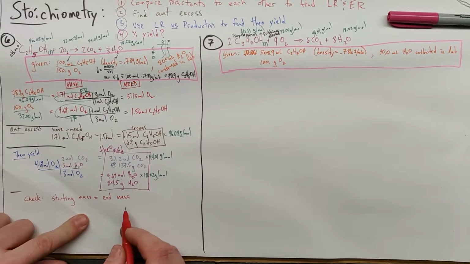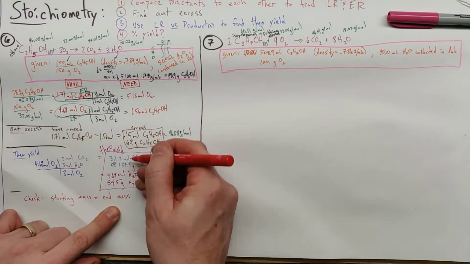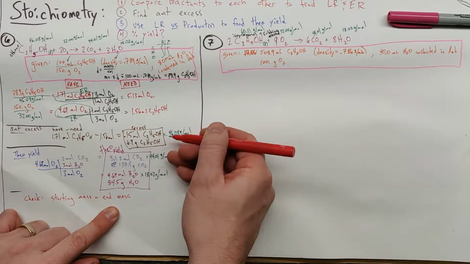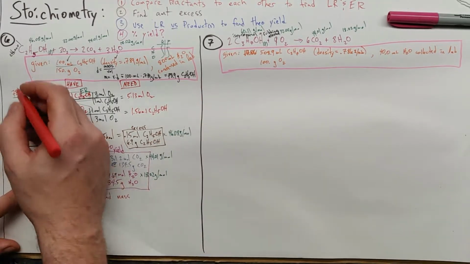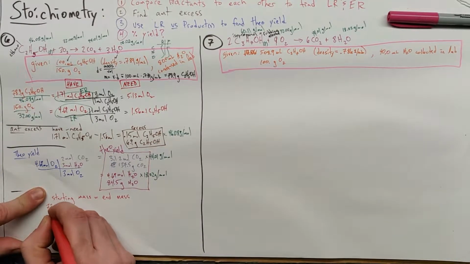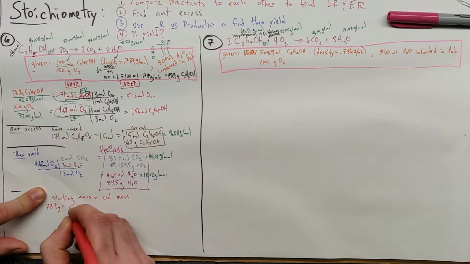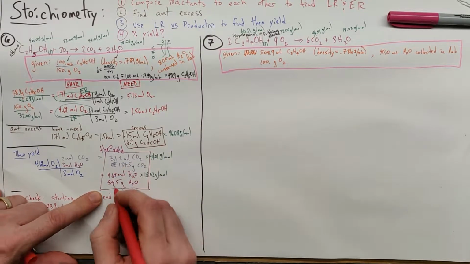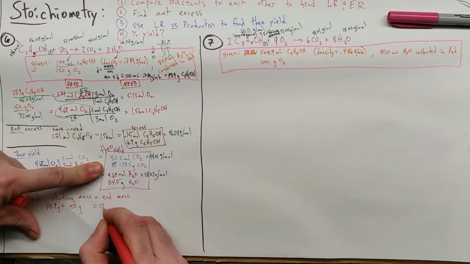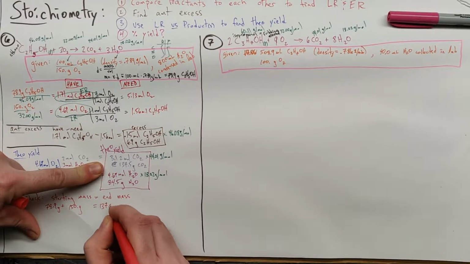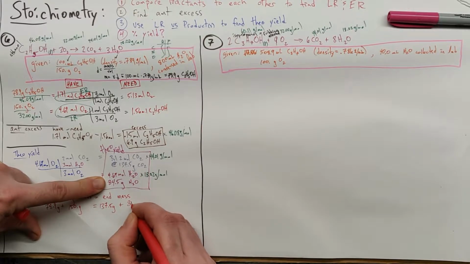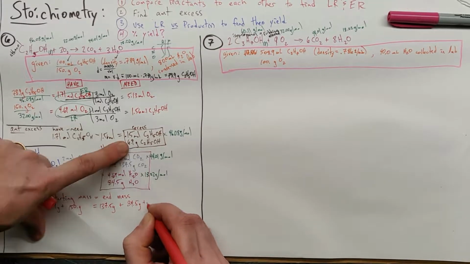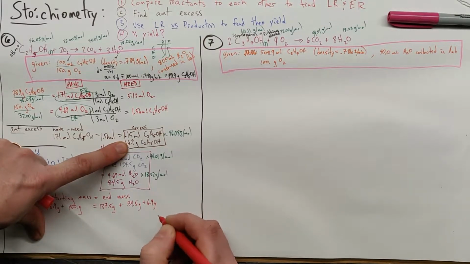And the catch, as we had mentioned before, is in the end you have these products and you also have some stuff left over. So in this case you've got 78.9 grams and 150 grams, and that should equal our 137.5 grams plus 84.5 grams plus 6.9 grams.